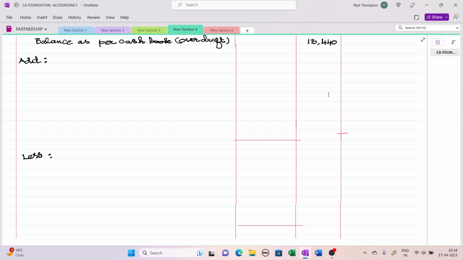If I make further payment without depositing any amount, my overdraft will increase. You should have this clear understanding. Suppose I deposit some money into my account, what will happen? The overdraft will come down.